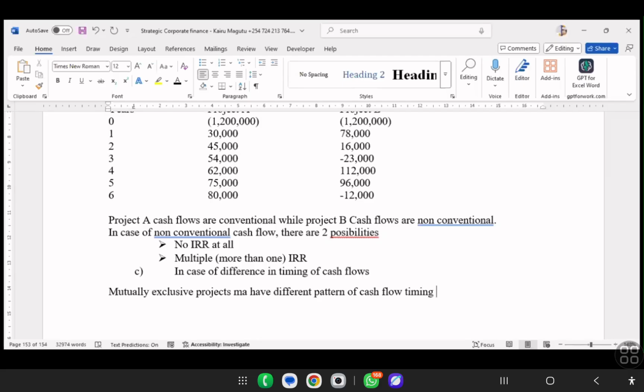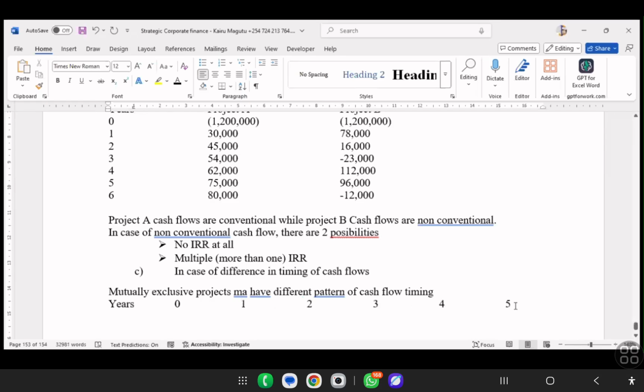Different cash flow timing. For example, I want us to have projects. Let me say years 1, 2, 3, 4, 5. Possibly I should have started with a year 0.